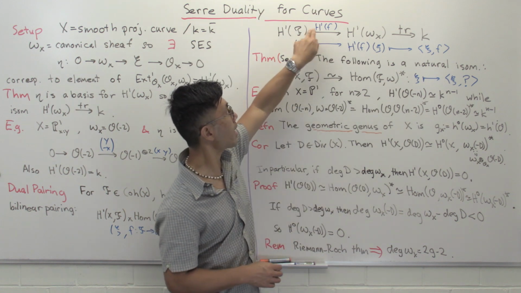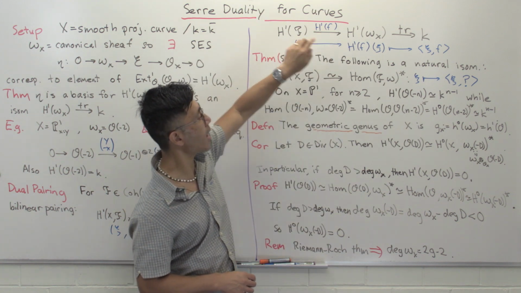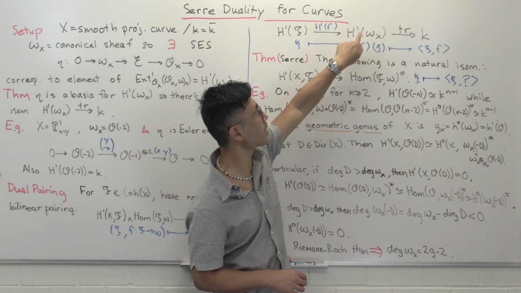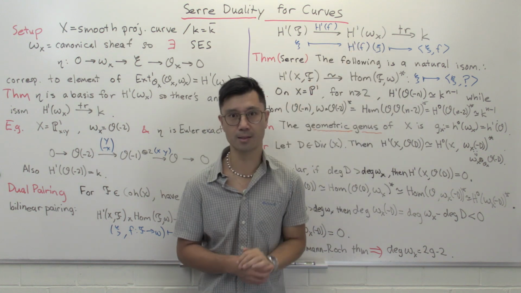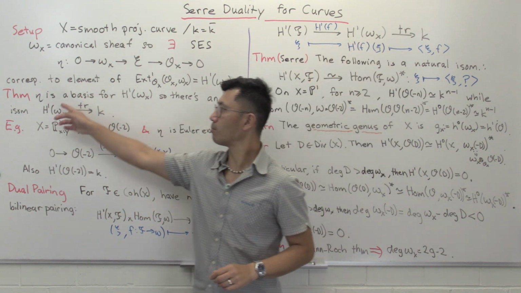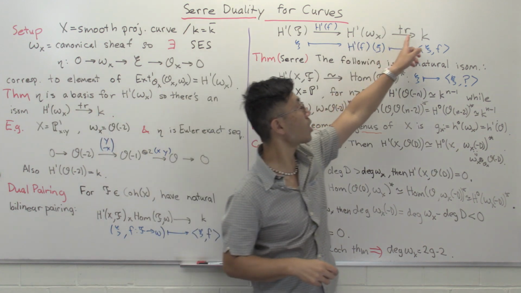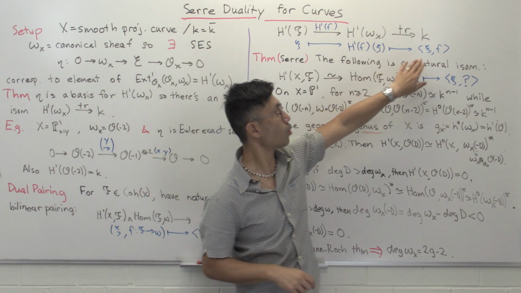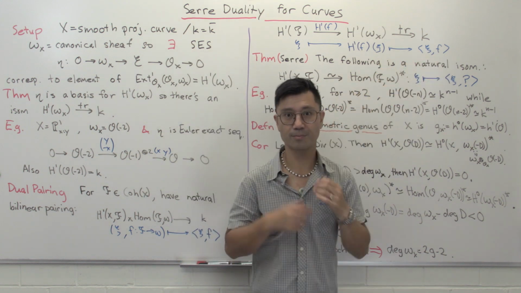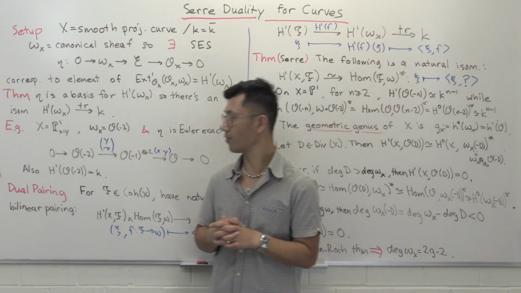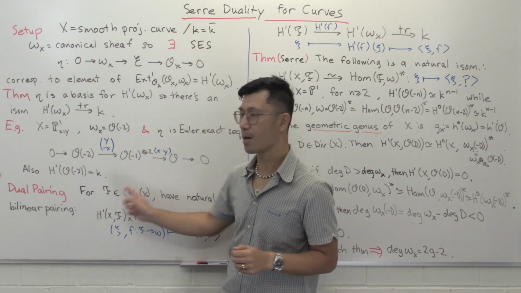So you apply this H1(f) to C, and you get H1(f)(C). That's an element inside this H1 of omega_X. And we have this trace map, which is an isomorphism from this H1 of omega_X to K. We apply this trace map to get a scalar, and that is what I'm going to call (C, F). Okay, so that's the definition of this bilinear pairing.